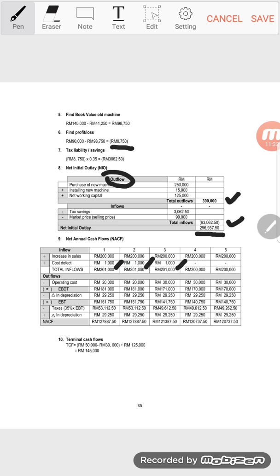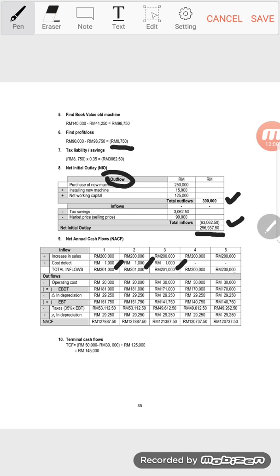So it will affect the total inflows amount. Let's look at the first year. The total inflow is 201,000 ringgit, because 200,000 increase in sales plus 1,000 cost of defect reduction. This total will continue in year 2 and year 3.